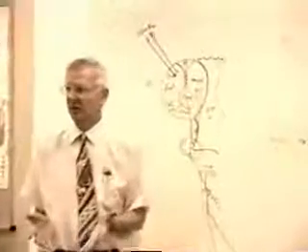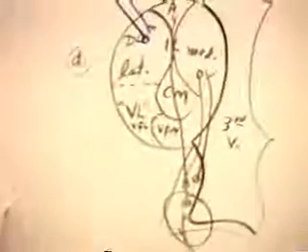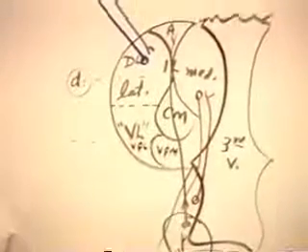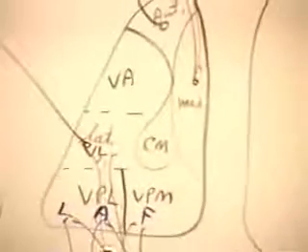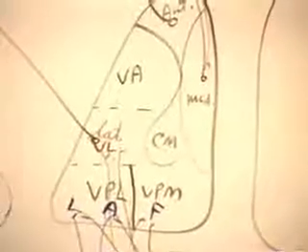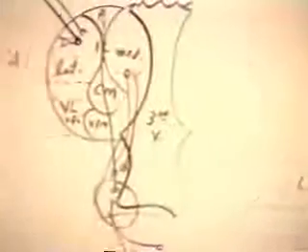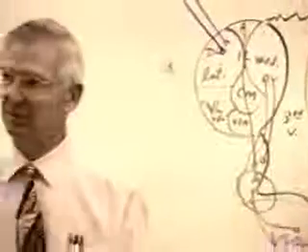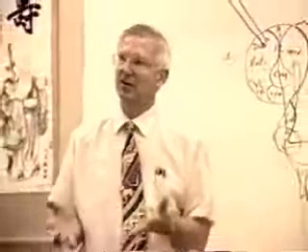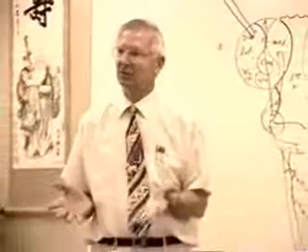Between VP and VL, we have quickly summarized all of the association plate elements of all of the spinal segments, brainstem segments, with the exception of special sensory components.